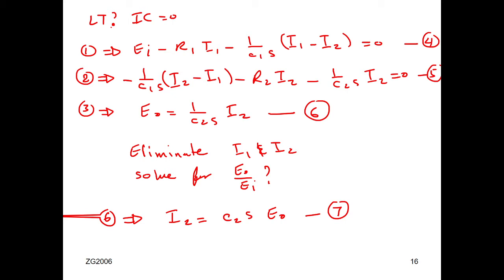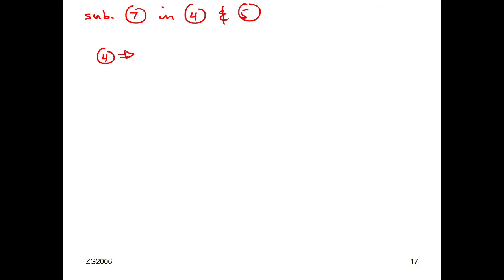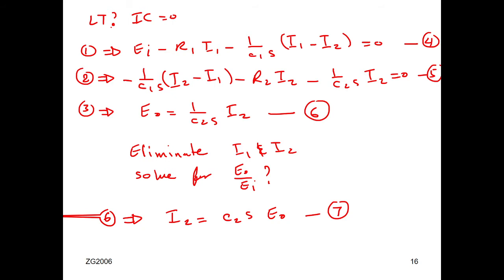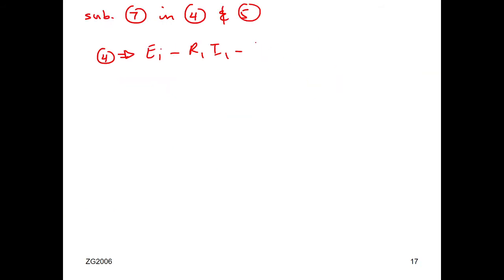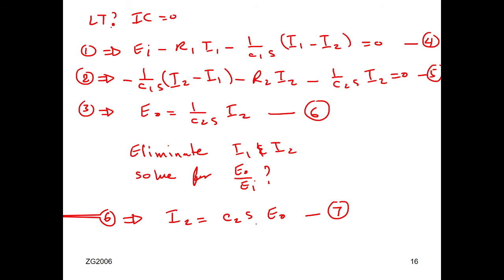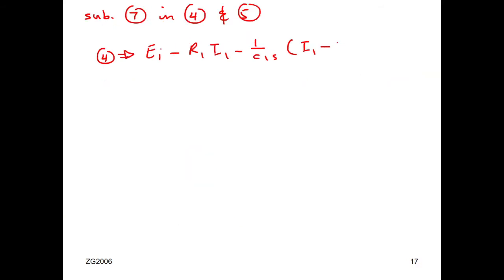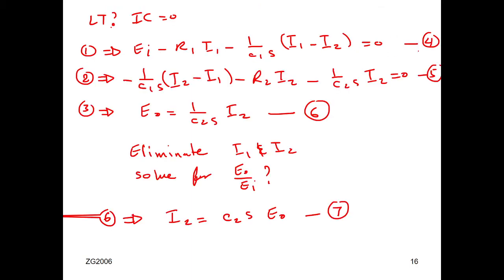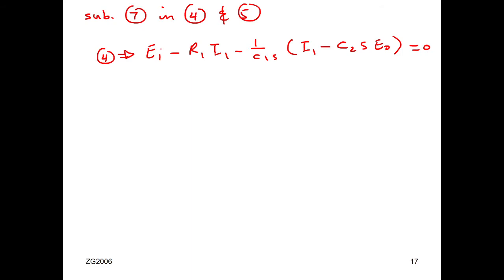EI minus R1 I1 minus 1 over C1 S times I1 minus I2, which is what I2? C2 S E out, equal to 0, right? Hope we get it correctly. Yes. All right.